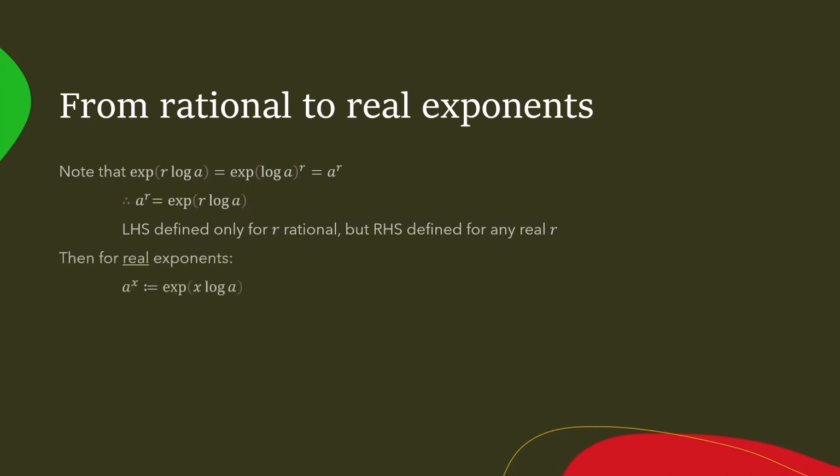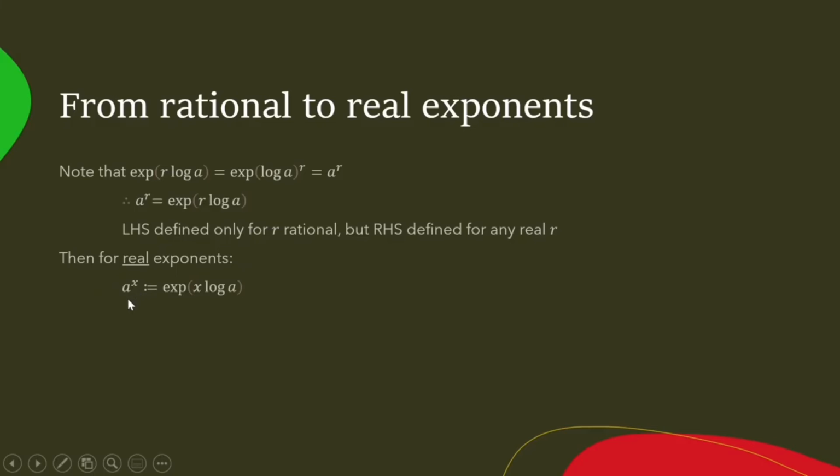It's going to inform it. So for real exponents, we define real exponentiation. A to the power x is defined to be exp of that number x times log of a. So we're doing this based off of this observation that we just made about rational exponents. So now we're extending the property to real exponents via definition.